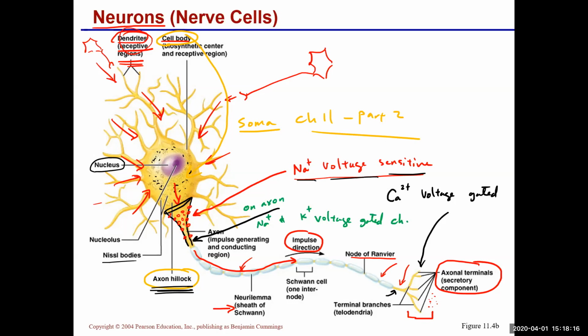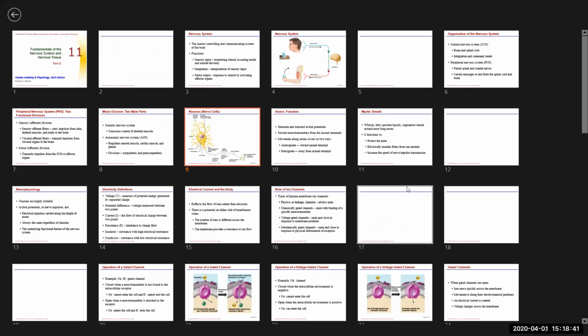All right. So can we see these voltage gated channels anywhere else? No, we cannot see them in the soma. We cannot see them on the dendrites. These are where we can find them. All right. Now, let's go ahead and draw a neuron.